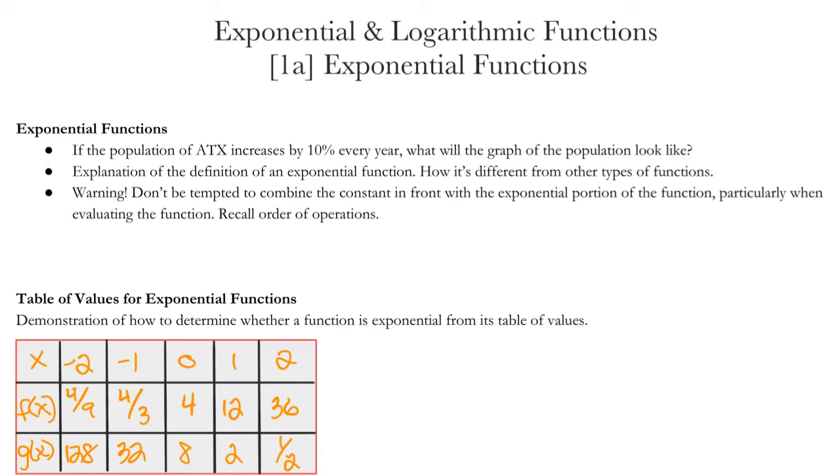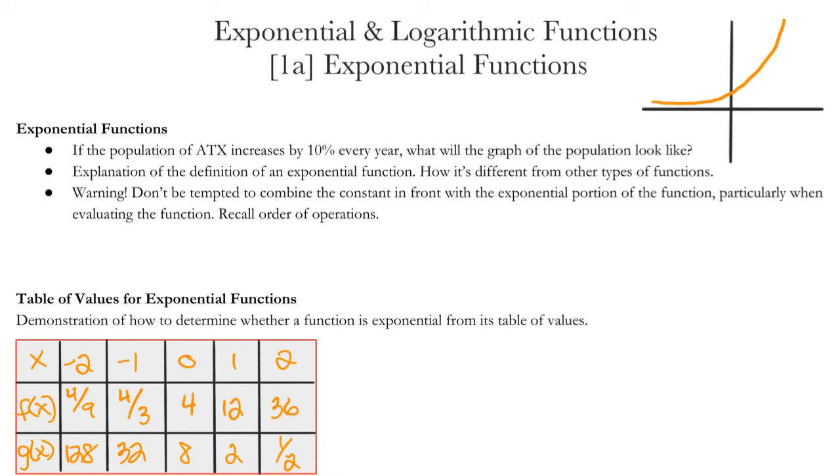So if the population of Austin, Texas increases the same amount every year, that would look like a line. But if the population increases by 10%, we have a compounding of the population. That must mean it looks like a curve. This curve could also model compound interest or the growth of bacteria.